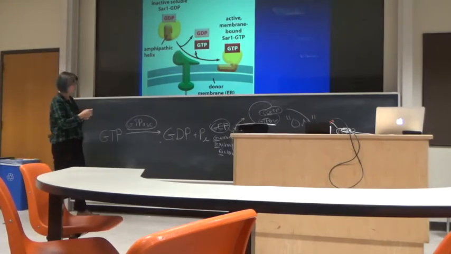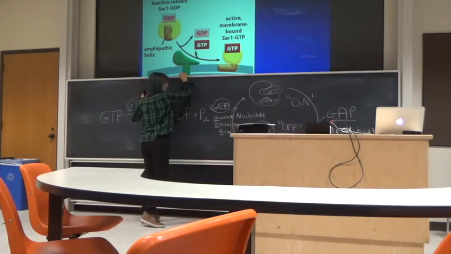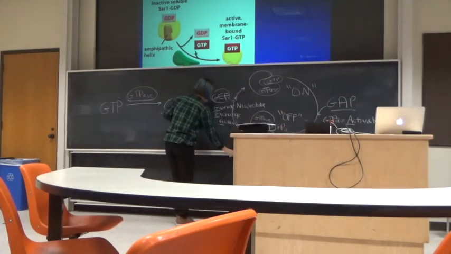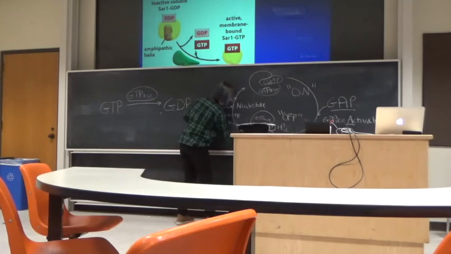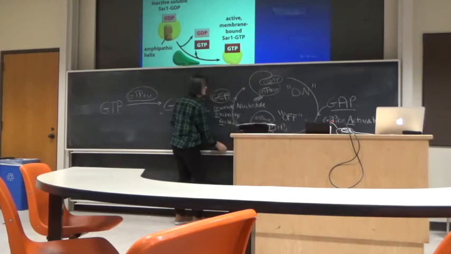SAR1 has different conformations in the GTP and the GDP-bound forms. And this amphipathic helix right here is hidden when SAR1 is in its GDP-bound form, but it sticks out once it's in its GTP-bound form.